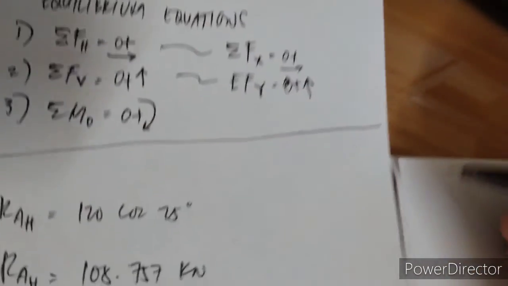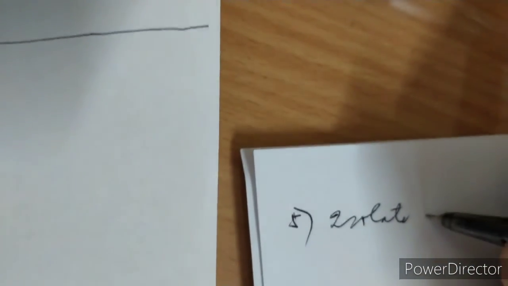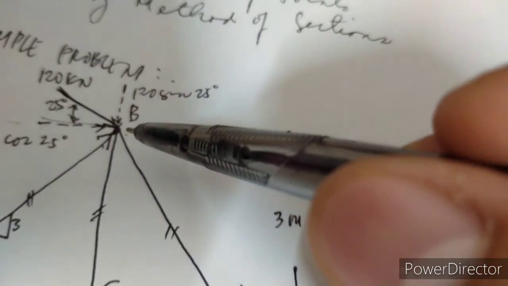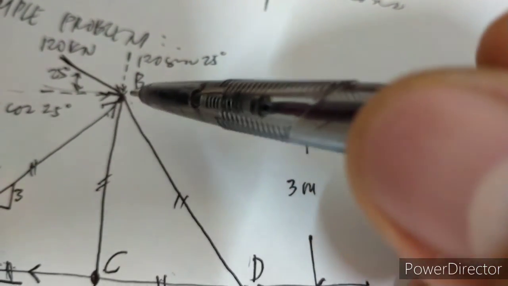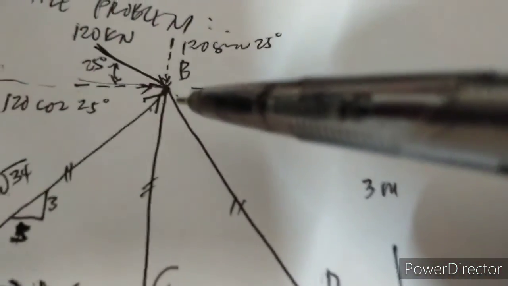So next, this is already step 5: isolate joint B. If you isolate joint B, we will draw and include all the members that are involved here.